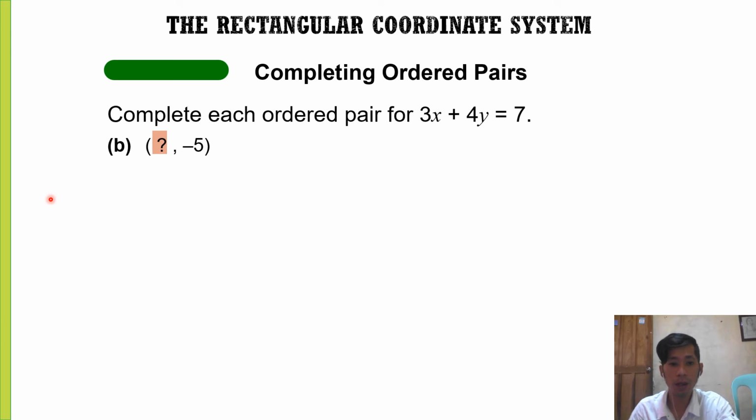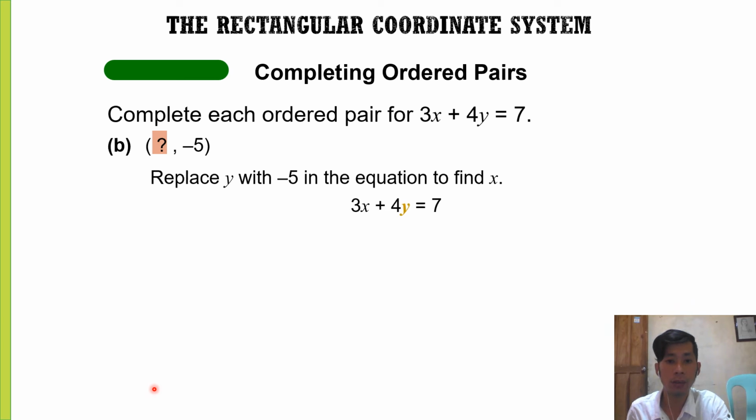So another example, in 3x plus 4y is equal to 7, what is x if y is negative 5? Again, using substitution, we replace y with negative 5 in the equation. So 3x plus 4 times negative 5 equals 7.